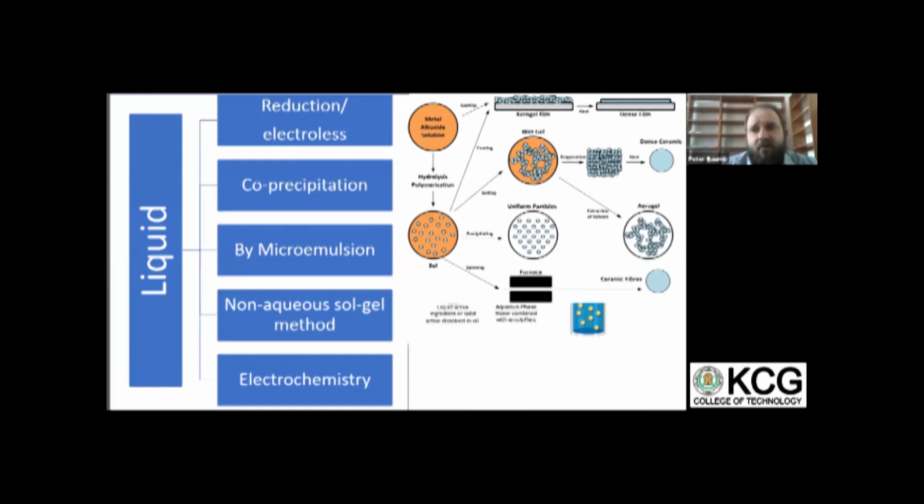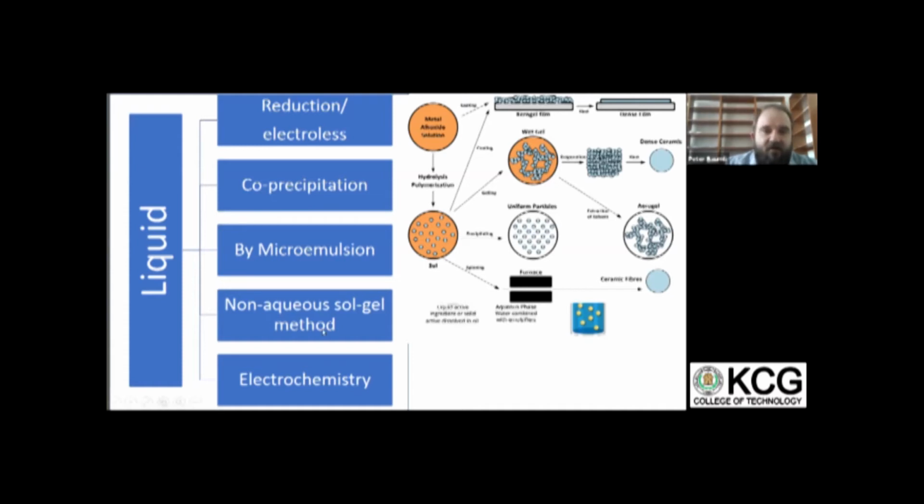And we can prepare a lot of materials. You can see here in this scheme that we can prepare aerogel, dense ceramic coatings, wet gel, xerogel, a lot of materials.